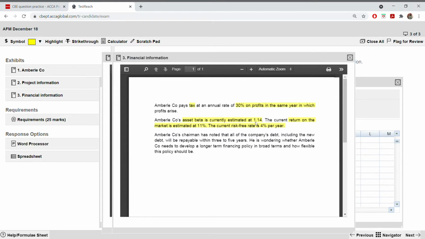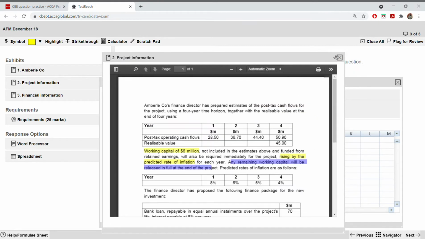Asset beta means only equity is there, no debt. So this asset beta you can multiply by the difference between the two rates, plus the risk-free rate. Normally what we do is we take equity beta in the capital asset pricing model, not asset beta. But here, when it is an adjusted present value question, we can take asset beta. So that's what I wanted to show you.